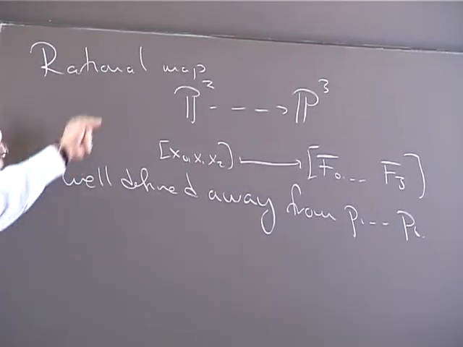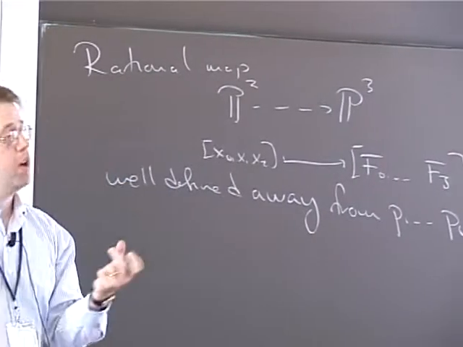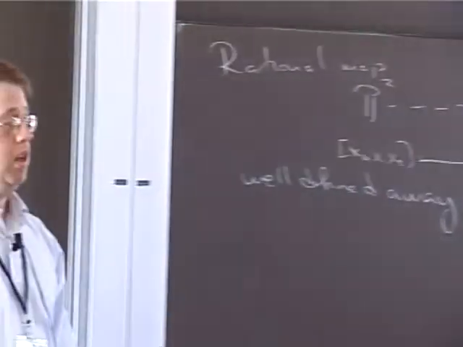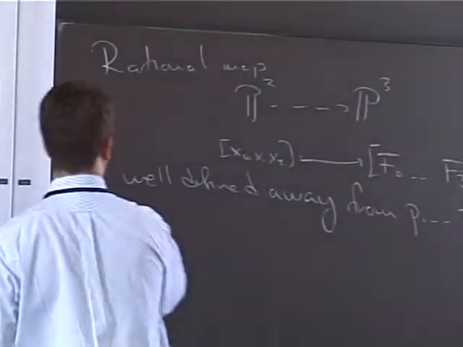Now, how do we make this map well defined? How do we eliminate the points where we have indeterminacy? Well, what I'd like to do is consider the blow-up map.